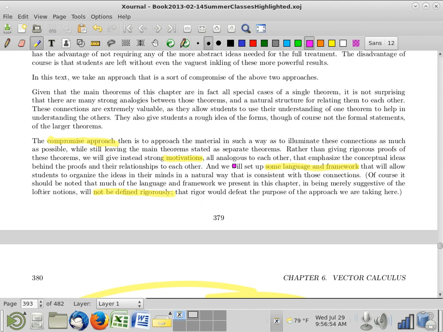So there's going to be a certain amount of hand-waving and a little bit of sloppiness. The idea being that I want to give you some glimpses of these comparisons and connections and analogies as much as I can without going too far and thus not being appropriate to the course.